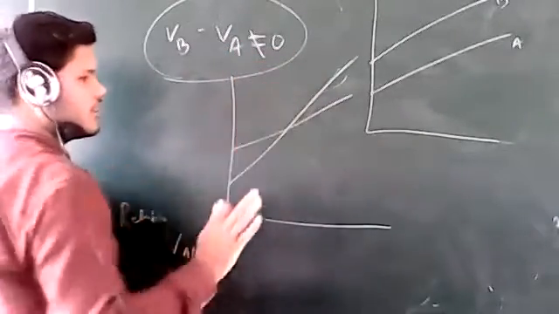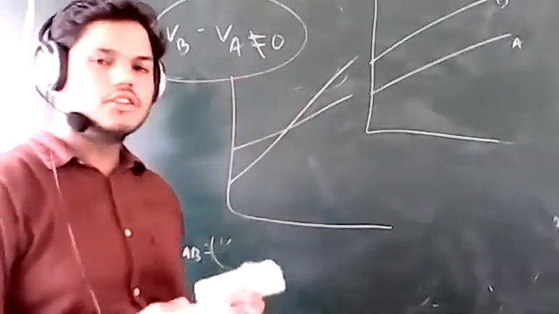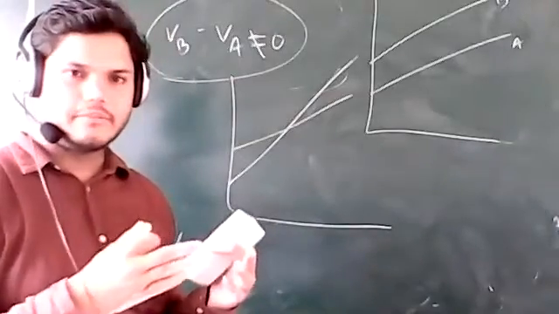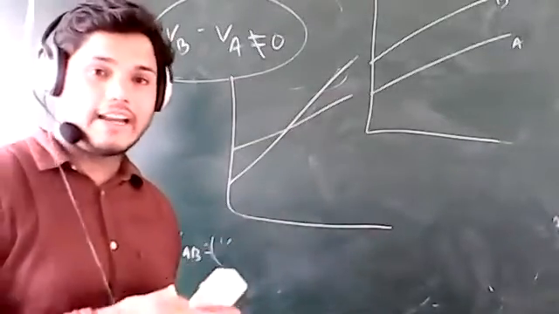First condition: if the relative velocity is 0, the two bodies will be moving in the same straight line, parallel to each other.